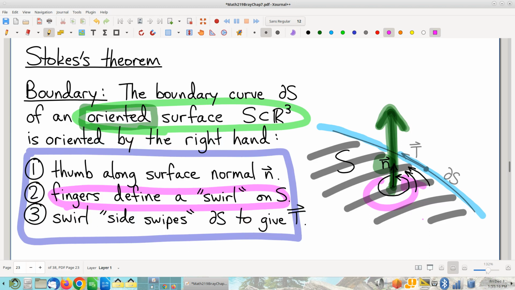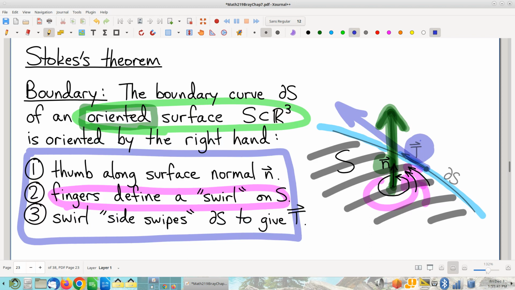That swirl, when you drag it near to the boundary curve, side swipes up against the boundary curve in a direction, and that direction is the direction of the tangent vector. That's the direction of the orientation on the boundary curve.